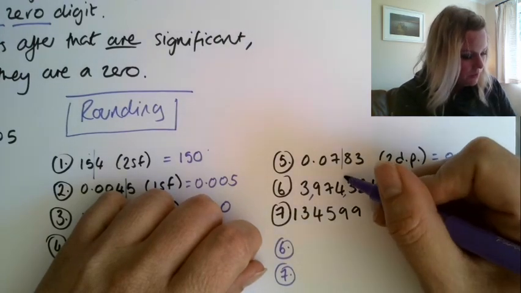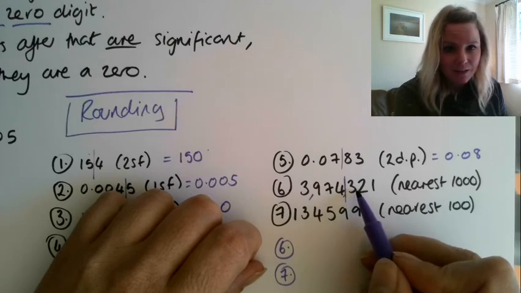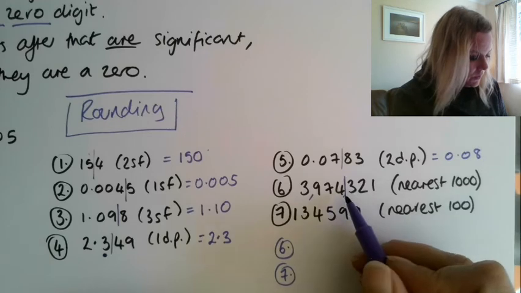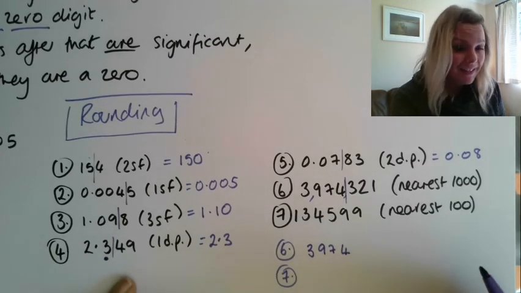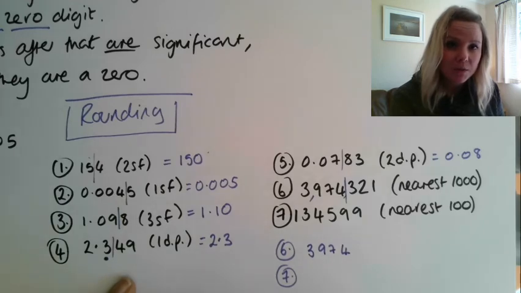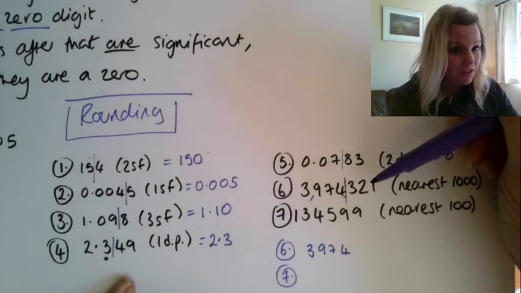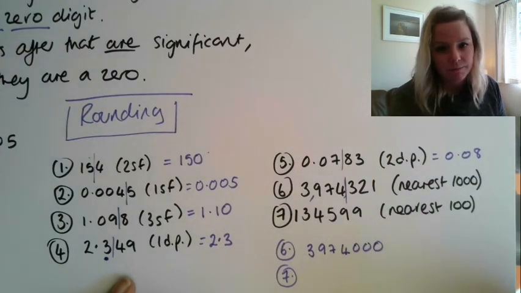So this is our thousands. We need to look at the number afterwards and see what that's telling us to do. So this is a 3, so it's telling us to round down. So 3974, and remember to put your zeros in to keep everything with the place value. Because there's 3 more digits in our original number, we need to put our 3 zeros on there.